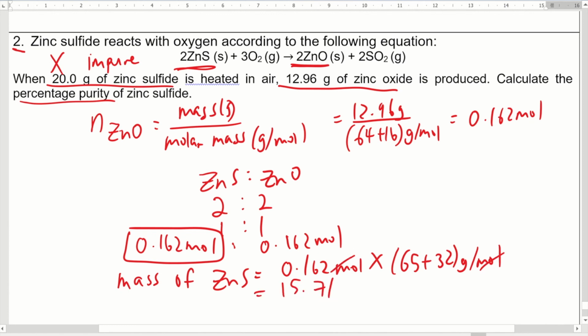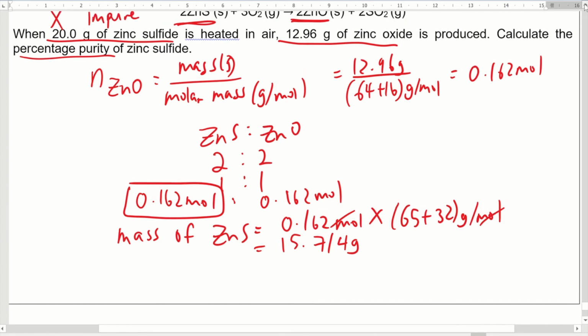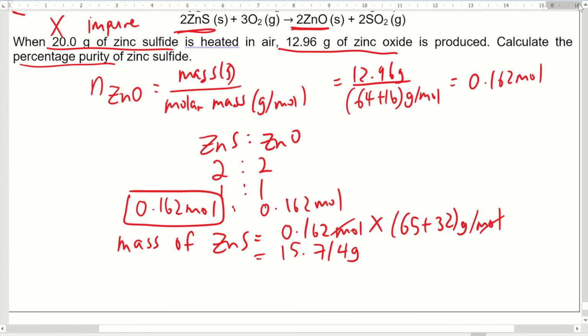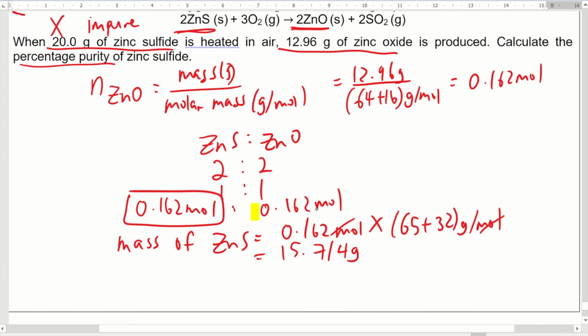So the mass will be 15.714 gram. I leave it to about 5 SF so that my answers are accurate. So to produce this mass of zinc oxide, I will need 0.162 moles of zinc sulfide, and the mass is 15.714.